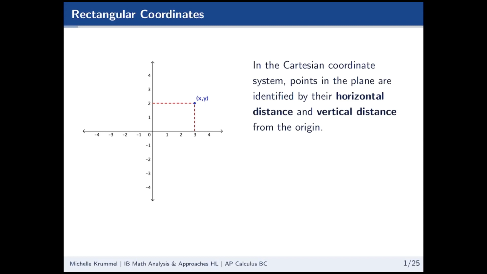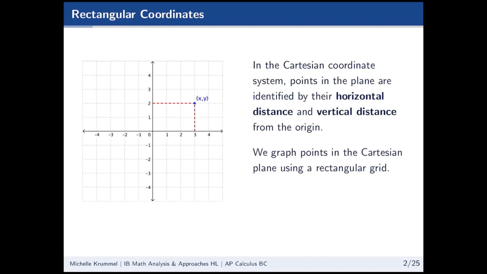The x-coordinate represents horizontal distance from the origin. The y-coordinate represents vertical distance from the origin. And because of that, when we graph points in the Cartesian plane, we use a rectangular grid. We only need to move left, right, up, or down to get to any point in the plane.